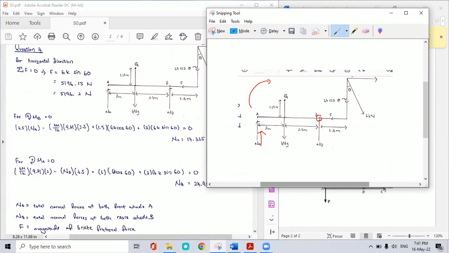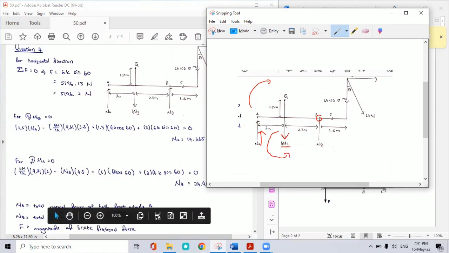Because we're going to fix this point. And for the next one, the 4 megagram. Since the 4 megagram is at the center of gravity, it will have a direction of going down. Since it's going down, the moment will move anti-clockwise, right? So it will have a negative value.